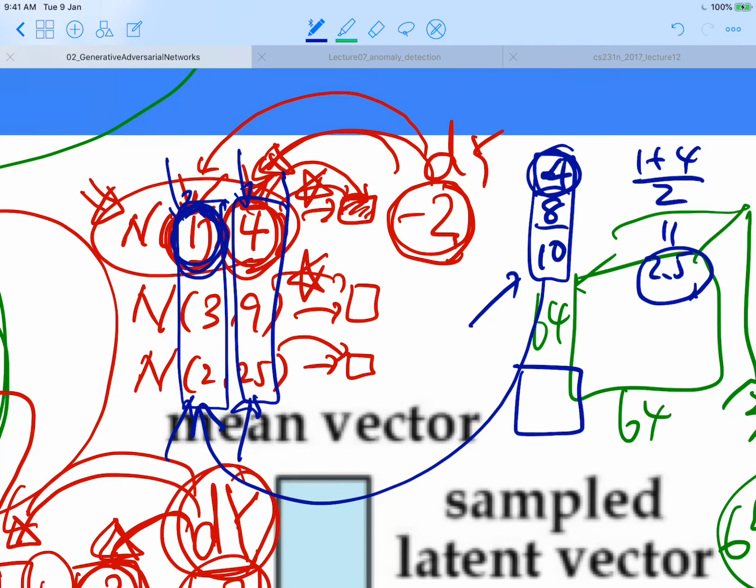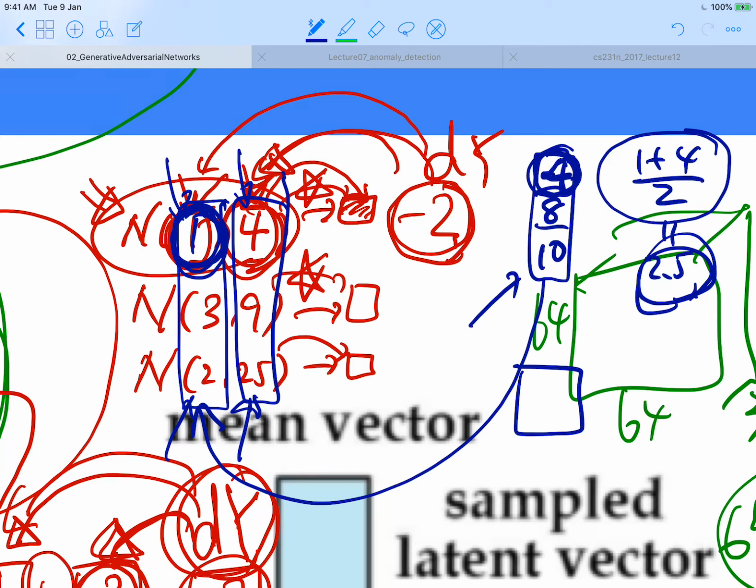Given the 2 images in total, the first activation has conditional mean values of 1 and 4, and given no information at all, with no image given, our marginal distribution has a global mean value of 2.5.